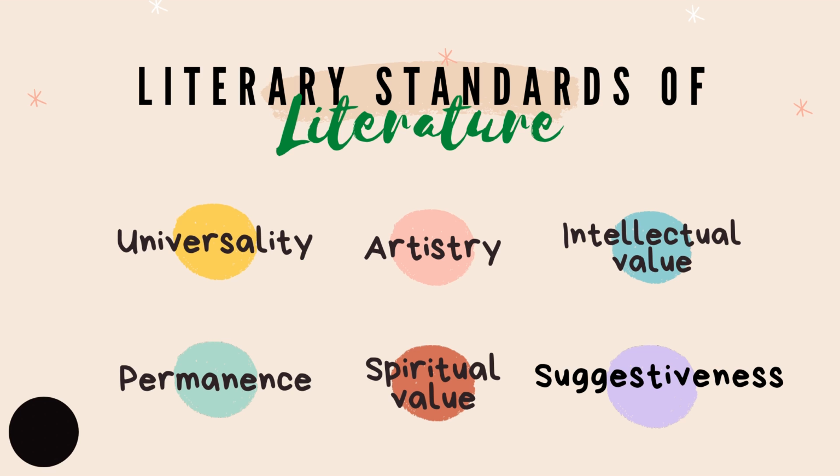So in permanence, it endures across time and draws out the time factor. So we have the two factors, the timeliness and timelessness. So in timelessness, it remains invariably throughout time, while in timeliness, it occurs at a particular time.